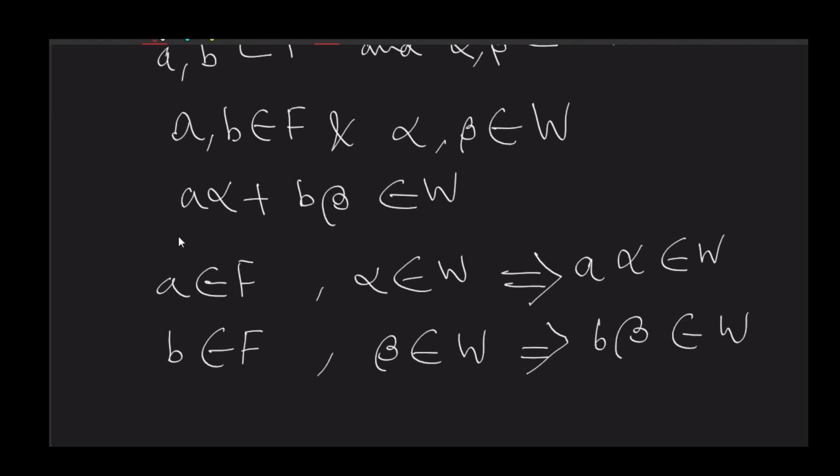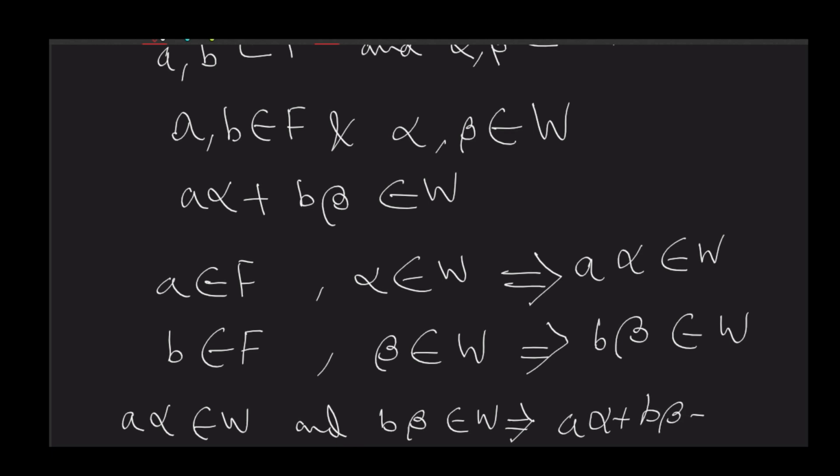Now a alpha belongs to W and b beta belongs to W, then both of them, in order to comply with the requirement of a subspace, must make sure that a alpha plus b beta also belongs to W, right?